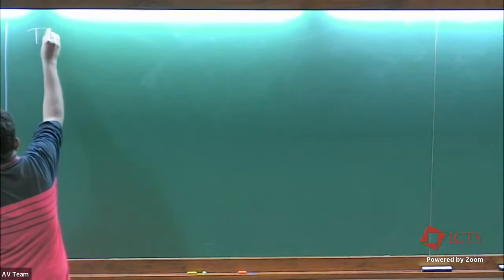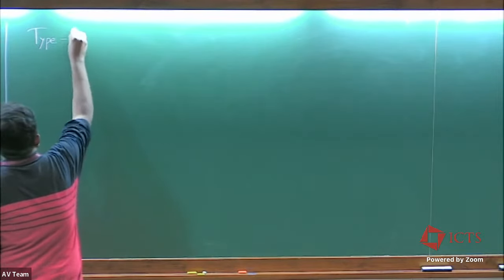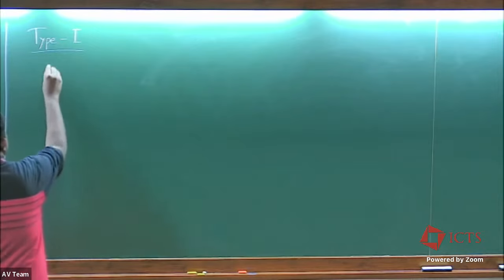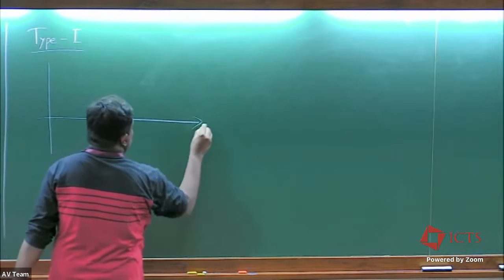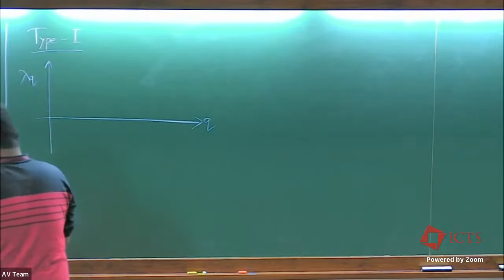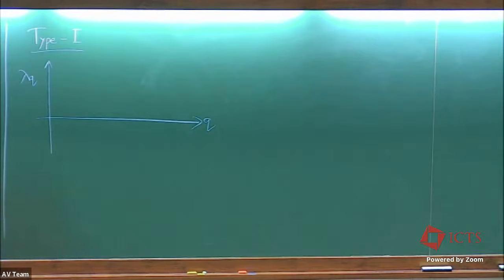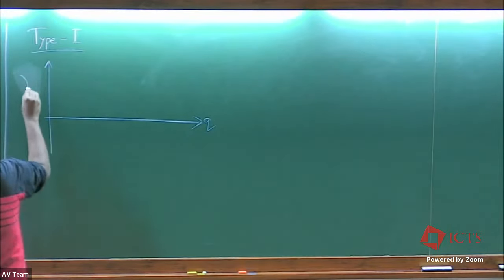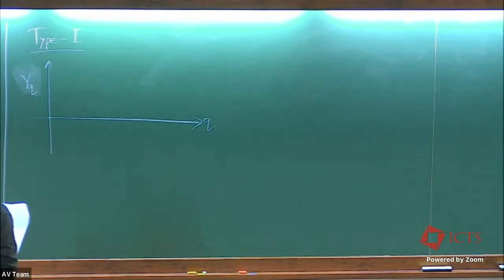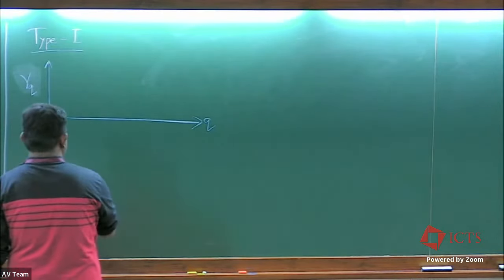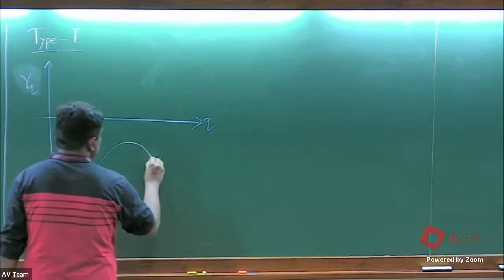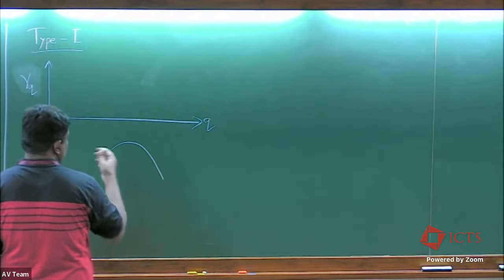One type is called type 1, for no particular reason. Hohenberg chose it, and so we're all following it. It is one where the growth curve, lambda q, or really gamma q, the real part, has the following behavior: it has some behavior at small q, but there is typically a maximum at a non-zero Q, that's the QC.